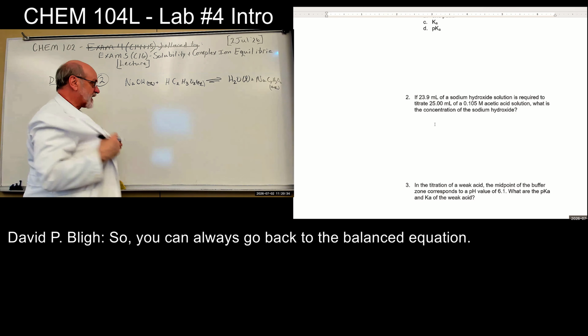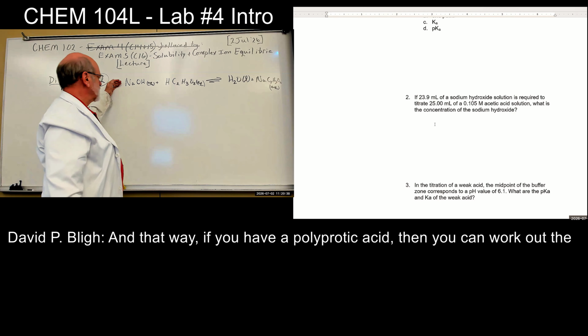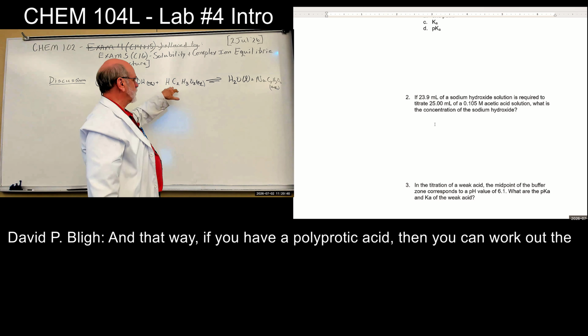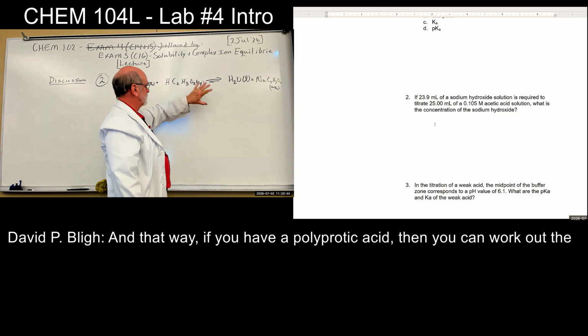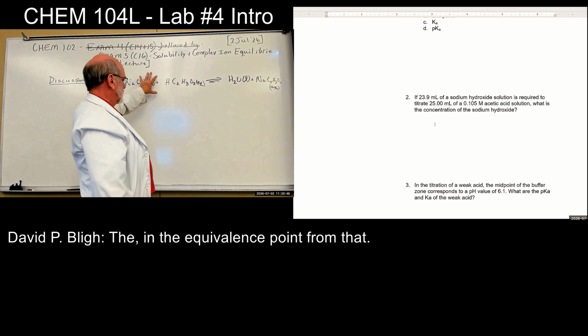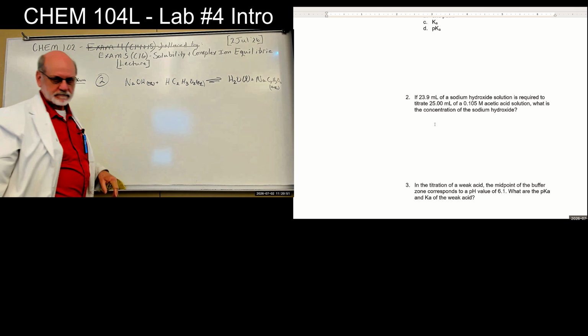So you can always go back to the balanced equation, and that way, if you have a polyprotic acid, you can work out the equivalence point from that.